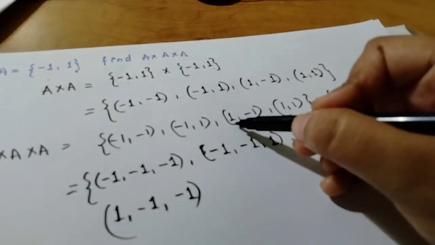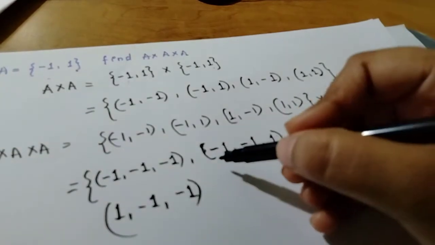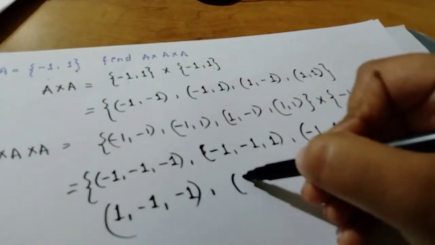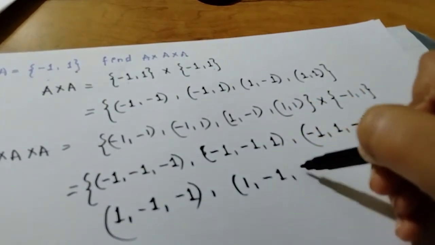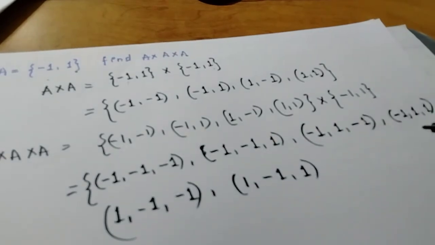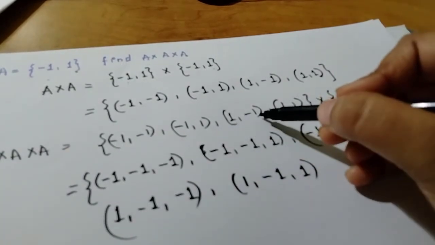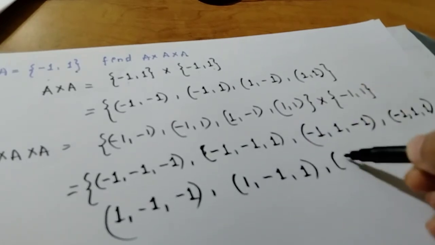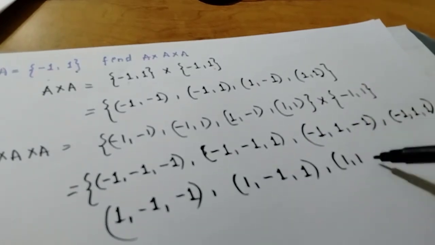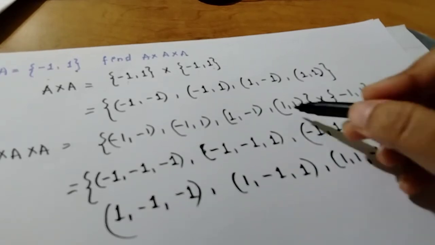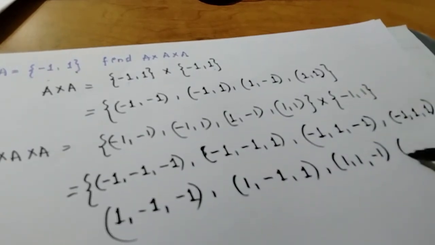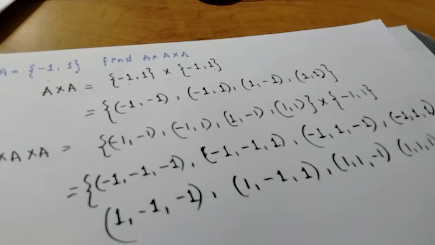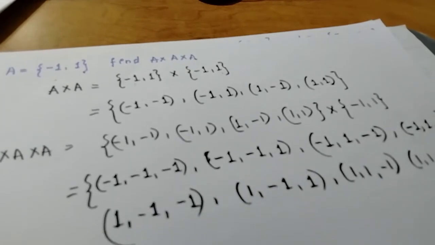Next in this bracket, 1 comma minus 1 with plus 1, I have to do: 1, minus 1, 1. Next, 1 comma minus 1 is over now. 1 comma 1: 1, 1 with minus 1. Next, 1, 1 with 1. So this is A cross A cross A.